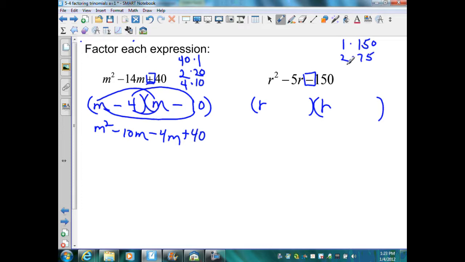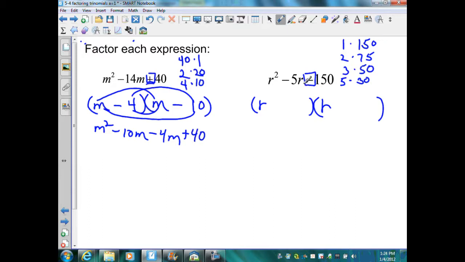We know is going to give me 150 when I multiply, but is not a negative 5. 3 times 50 is going to give me 150, but is not a negative 5. After that, we can have 5 times 30, again is 150, but will not give us a negative 5. And as we work our way up, 1, 2, 3, 5, we could do 6.